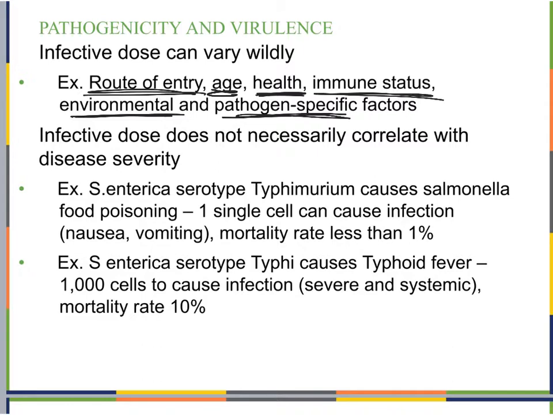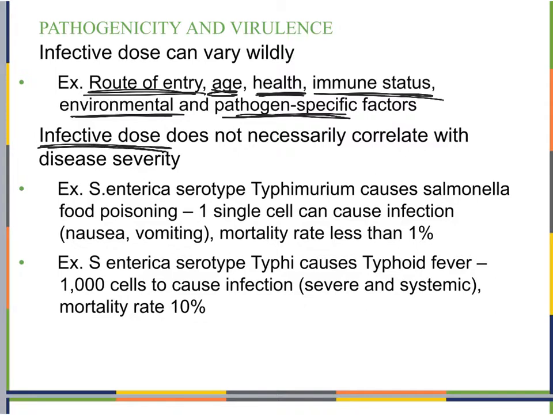And that just maybe is something that that person has always had. It's just a lower amount of acid, so a higher pH in their stomach compared to somebody else or maybe the general population. So those would be different factors to take into consideration as well, along with different environmental factors and pathogen-specific factors.